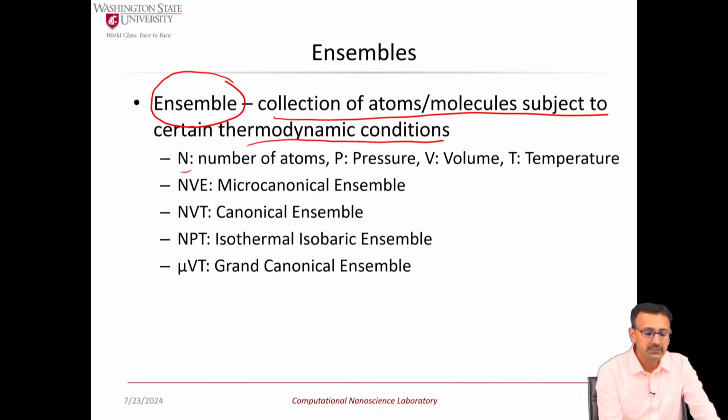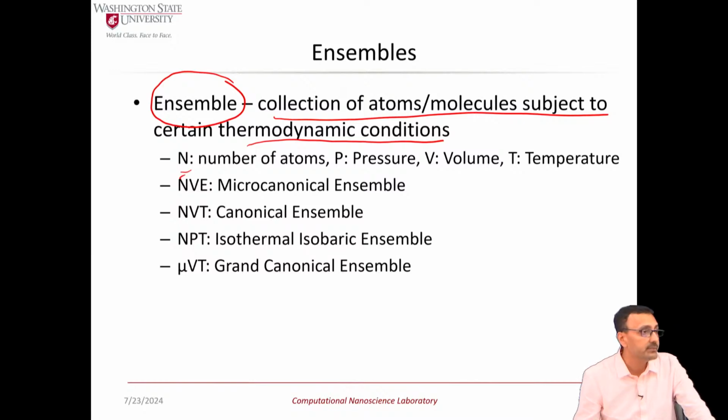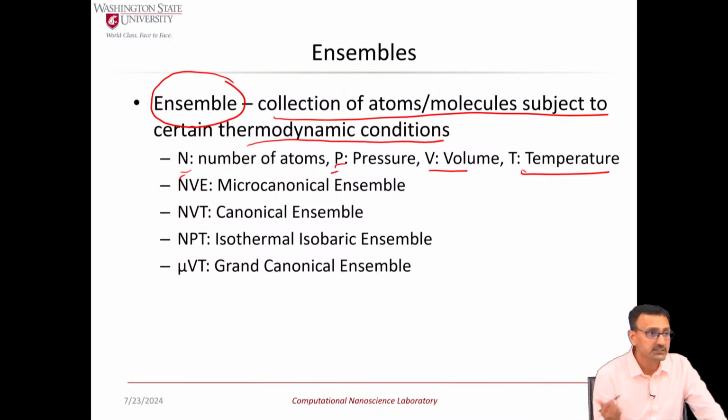The key properties that we will talk about here are the number of atoms in that ensemble N, the externally applied pressure P, the volume V, and the temperature T. Okay. So, this is just definition. And we discussed this a little bit towards the end of the lecture yesterday.